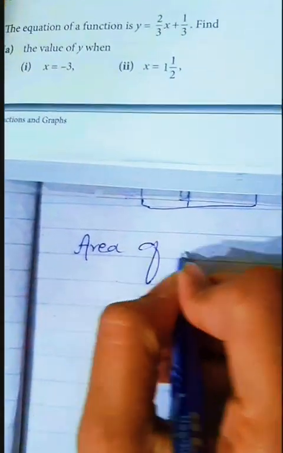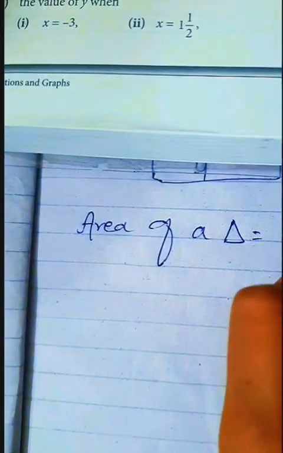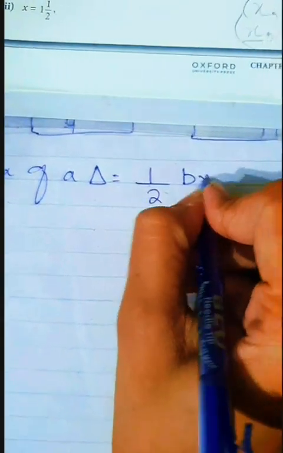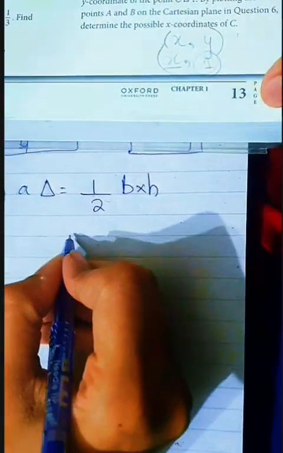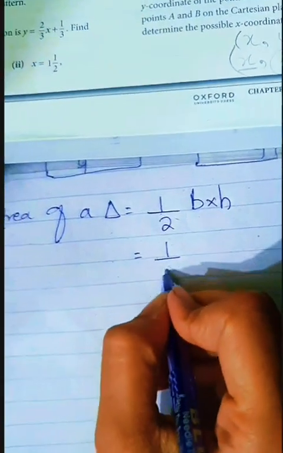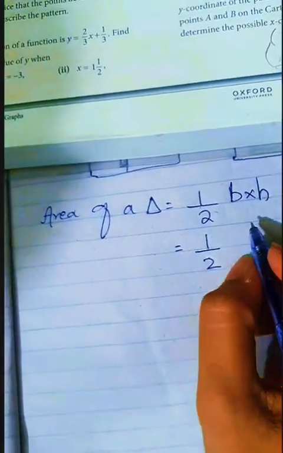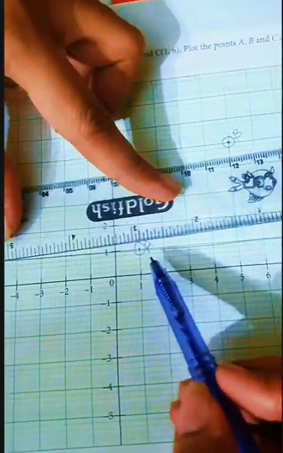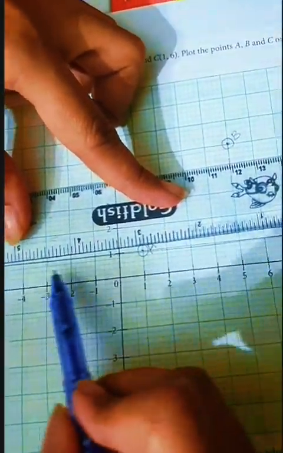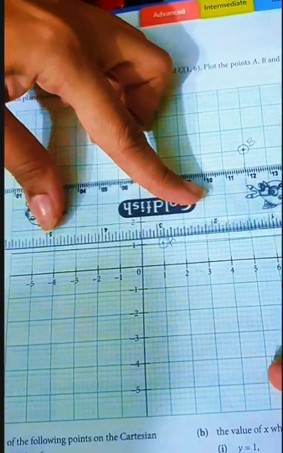Area of a triangle is equal to 1 upon 2 base multiplied by height. The 1 upon 2 we write as it is. We don't know the base because we don't know where the point would be; the point could be anywhere on the line. So we can't take the base, but we know the height.